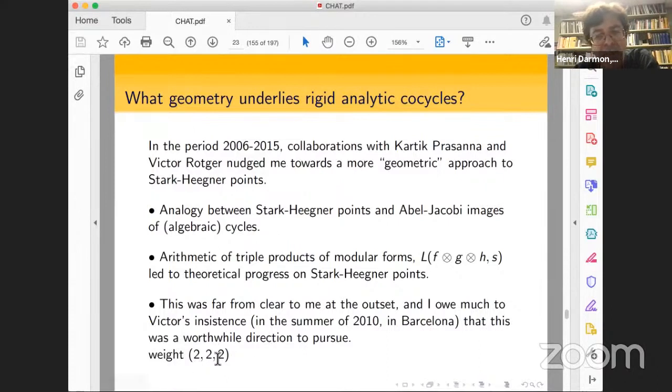Namely, if we have a construction of an arithmetic invariant attached to a triple of modular forms of weight 2, then one can insert these modular forms of weight 2 in a Hida family, in a p-adic family of modular forms, and deform the construction from weight (2,2,2) to weight (2,1,1), where one now has an elliptic curve, for example, and a pair of Artin representations attached to classical modular forms of weight 1. And then this resulting class, which is not obtained by a geometric procedure at all, because it involves this p-adic deformation, becomes very relevant to studying the BSD conjecture, or the equivariant BSD conjecture for certain Artin representations.